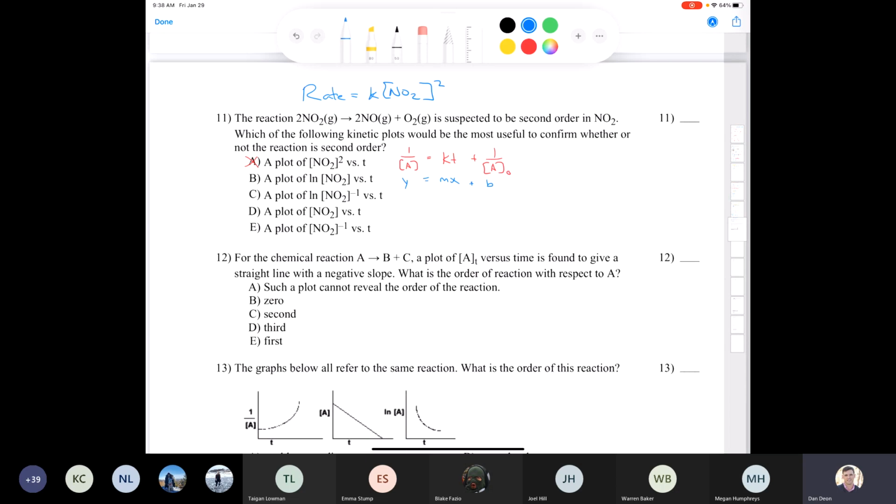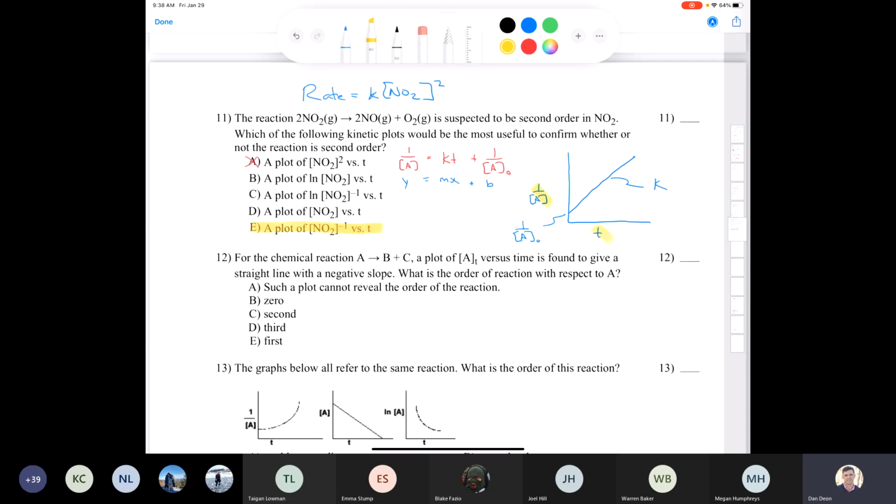So that tells us that we are going to get a linear plot if we plot 1 over the concentration of A versus time, right? Then we end up with a slope that is equal to K, and a y-intercept that is 1 over the initial concentration of A. And so we're going to graph y versus x. Our y is 1 over A, and our x is t.